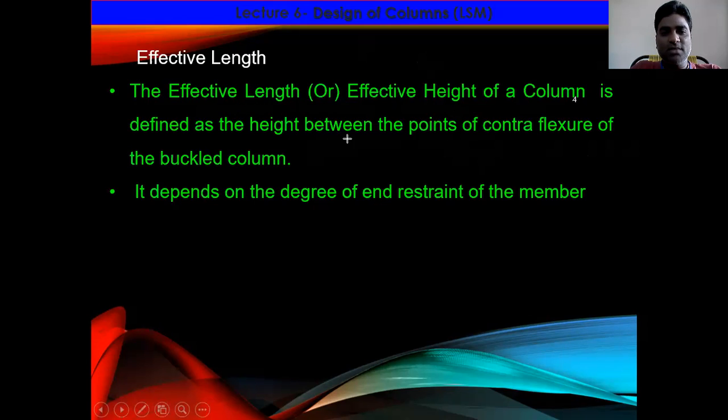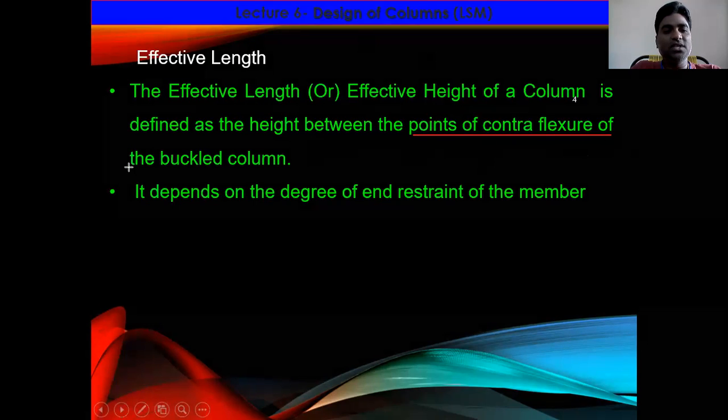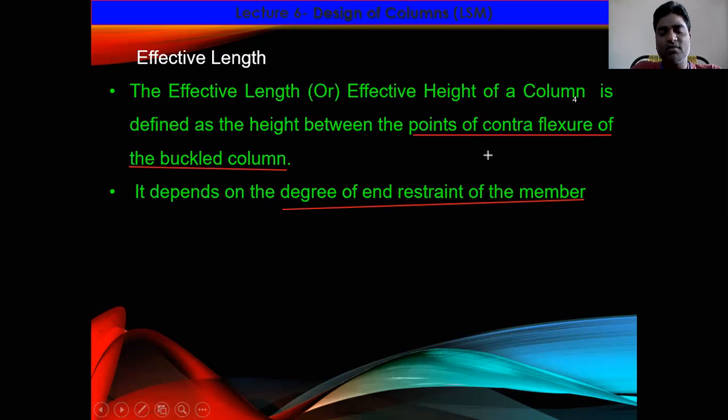Effective length is the distance between the points of contraflexure of the buckled column, and it depends upon the degree of end restraint of the member. Generally, it can be defined as the distance between the points of zero moments. At the point of contraflexure, the moment is zero.